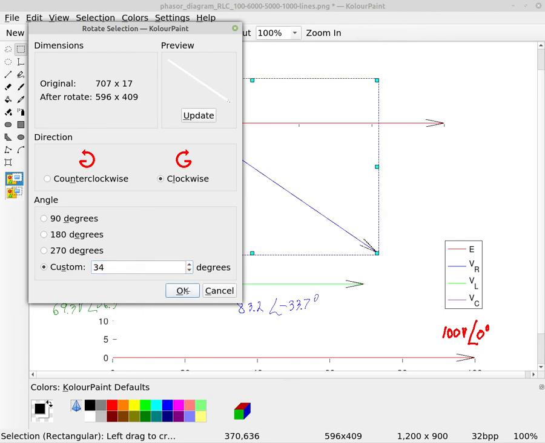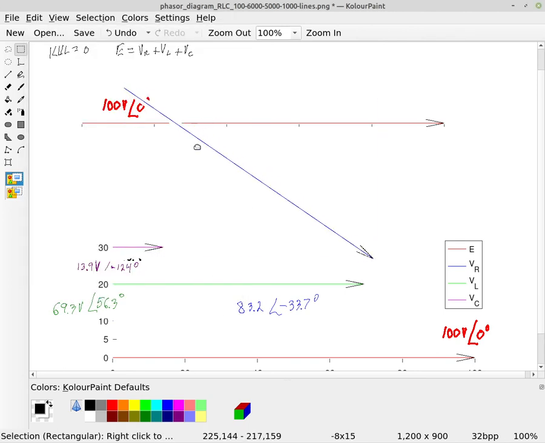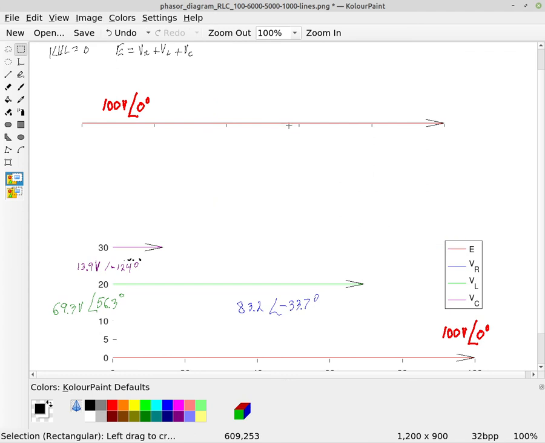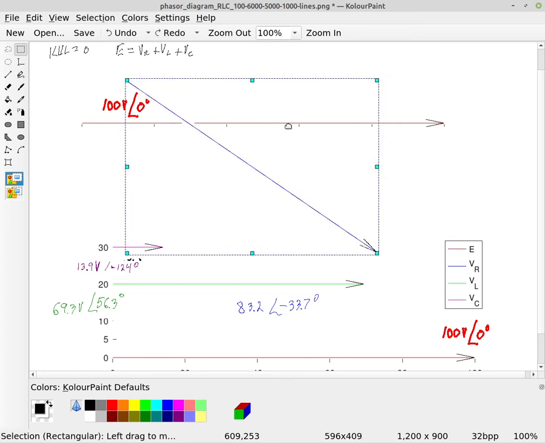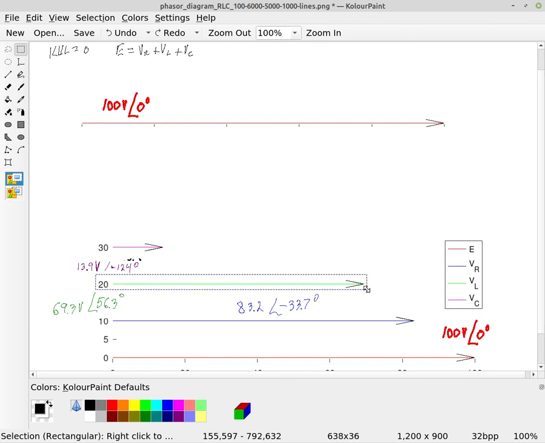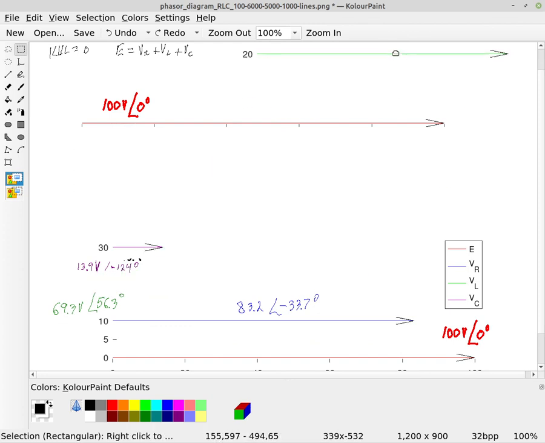Now I'm going to draw this, and I was kind of afraid of that. I'm actually not going to be able to do that at the moment, because the other one's in the way. So I'm going to grab the green one here, and pull it out of the way.